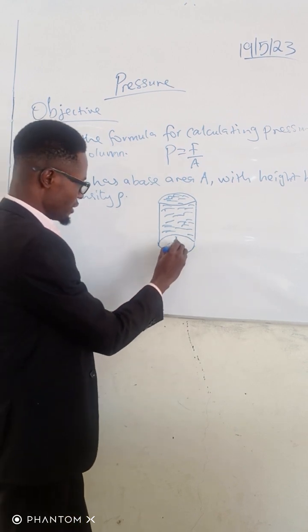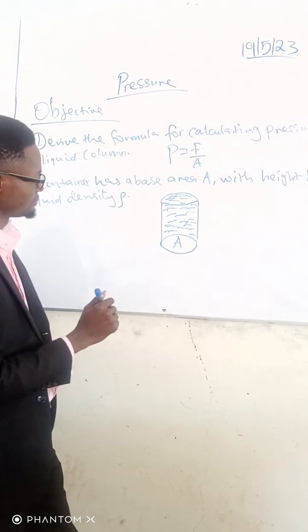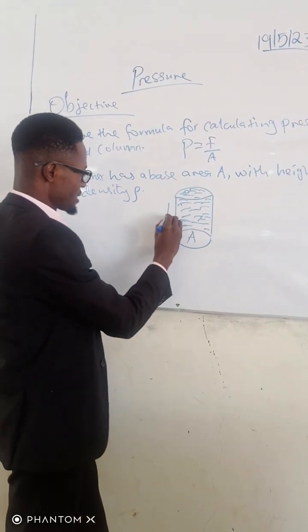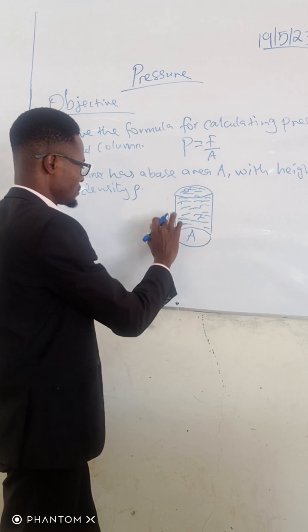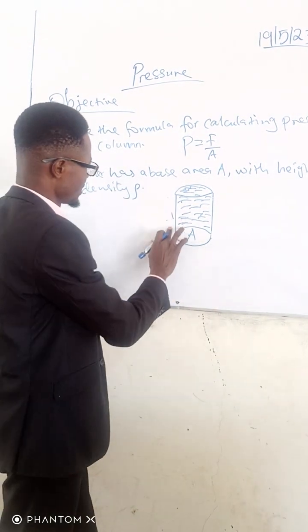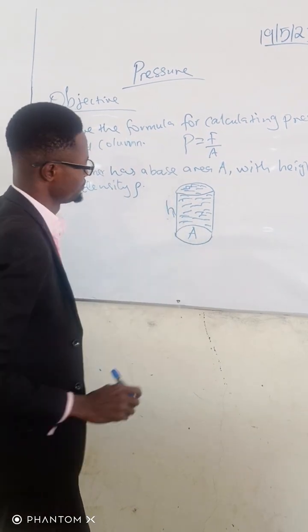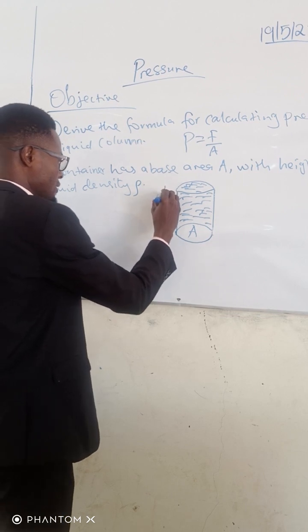This is the area of this container. This is the height of the container, which is represented by h.